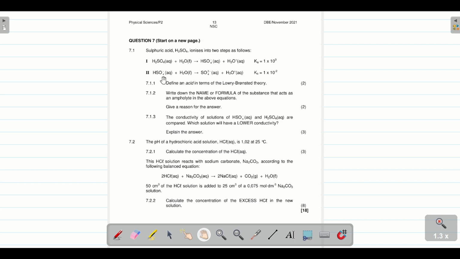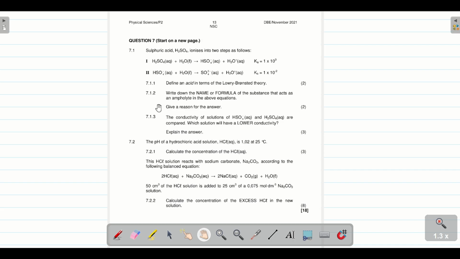When they ask you to identify the ampholyte, you have to see which substance is used twice. In this case, it's HSO4 minus. That is a good indication that this is most probably our ampholyte. In one case it acts as a base, and in another case it acts as an acid, and that's how you identify it as an ampholyte.